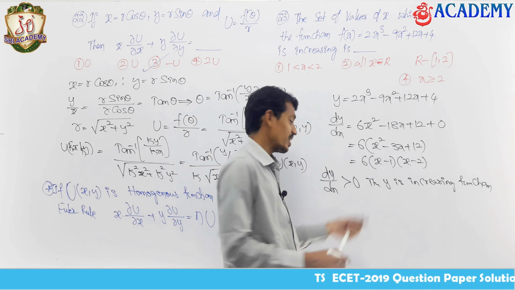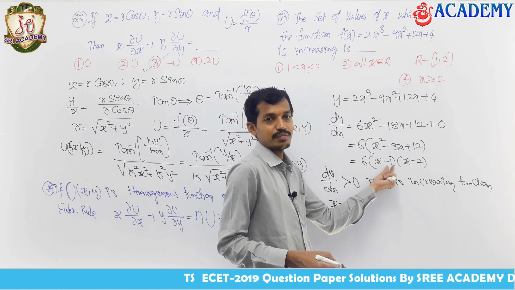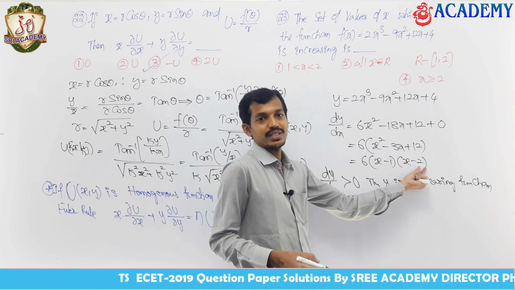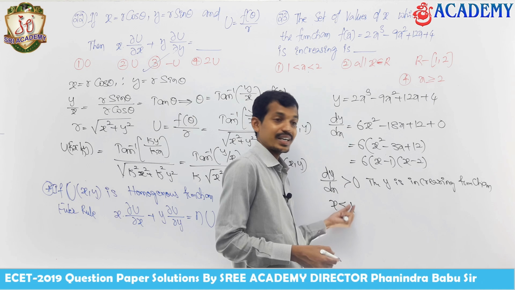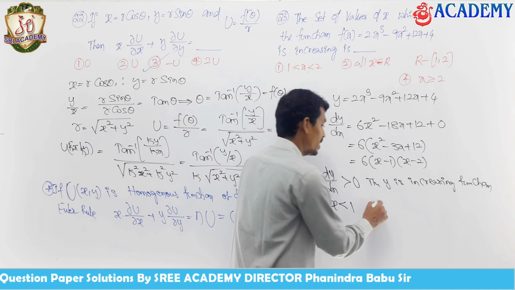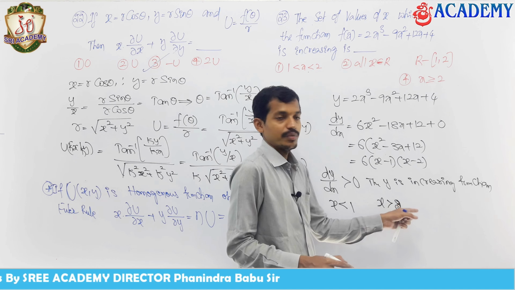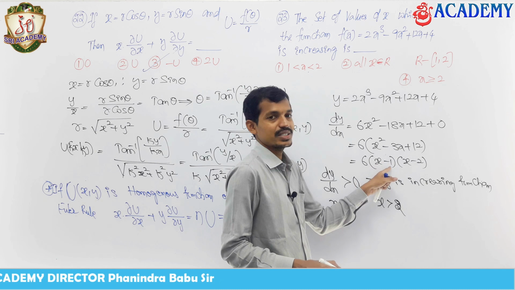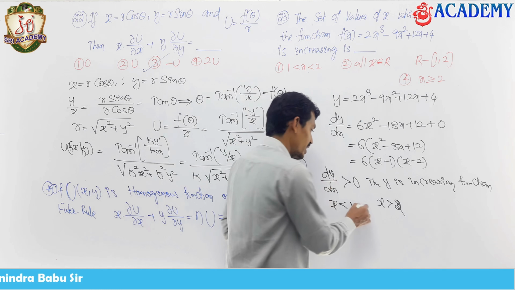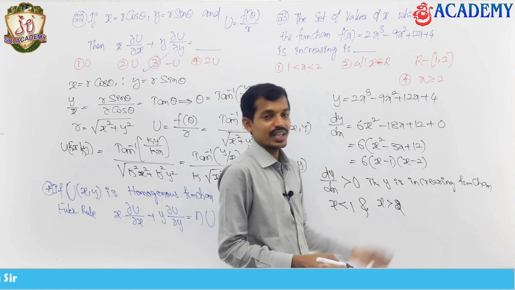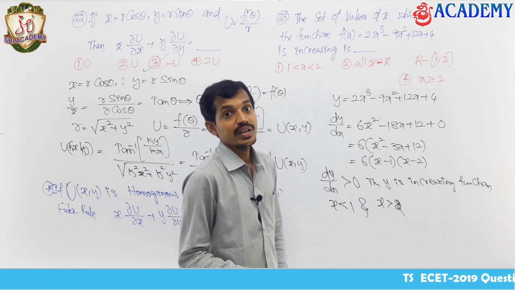Suppose I take x less than 1, that is, x equal to 0: minus 1 into minus 2 is plus 2, so you get greater than 0. If I take x greater than 2, say 3, then 3 minus 1 is 2 and 3 minus 2 is 1, so you get greater than 0. So for x less than 1 and x greater than 2 the values are greater than 0, while between 1 and 2 you won't get values greater than 0.